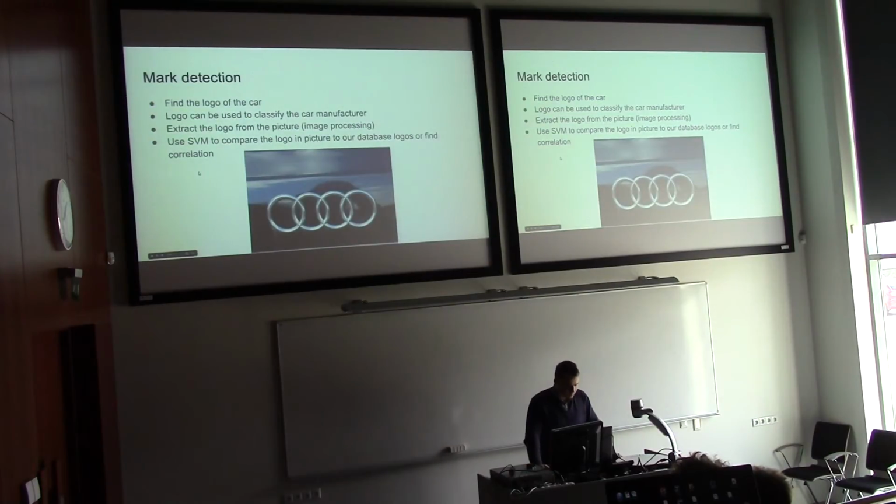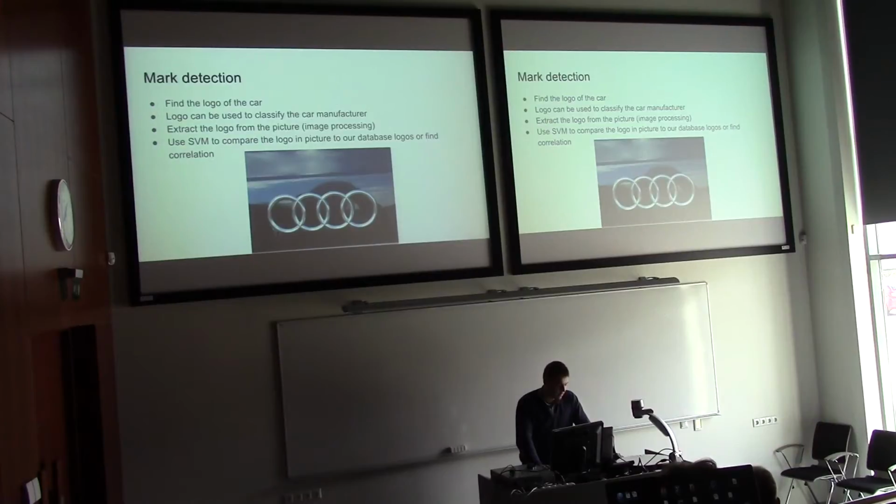Well, the next thing we have to do is mark detection. For this we want to find the logo of the car that can be used for detecting the car's mark. So we also want to extract this from the picture.